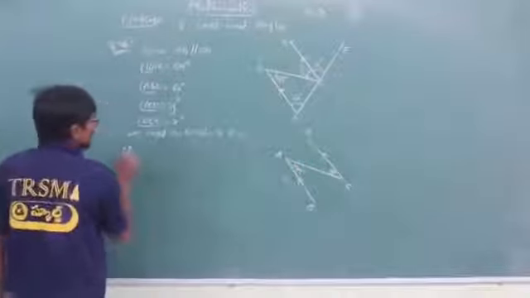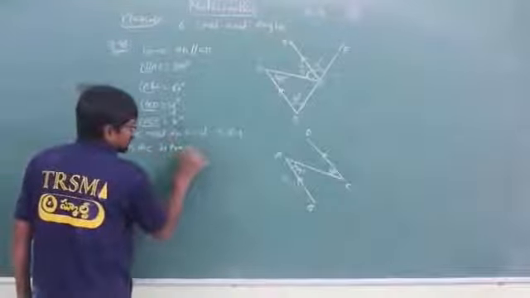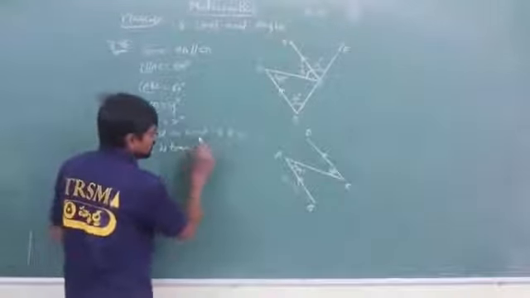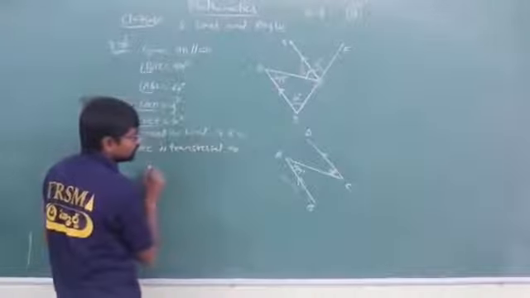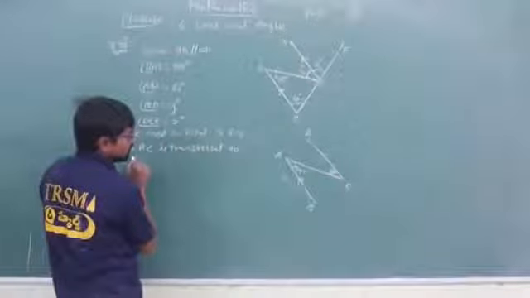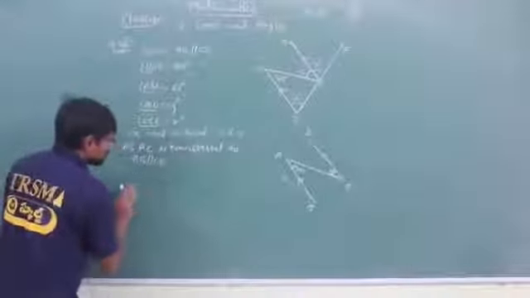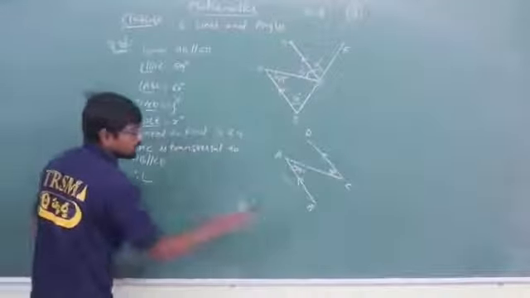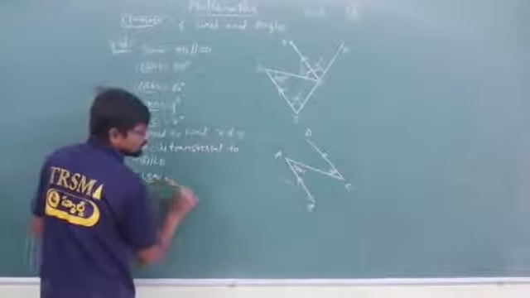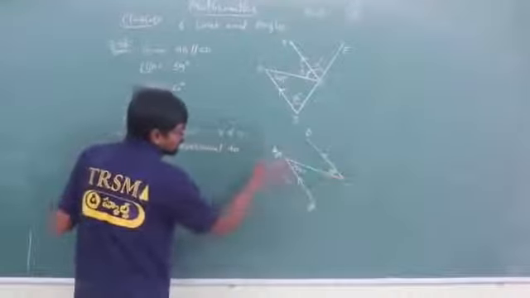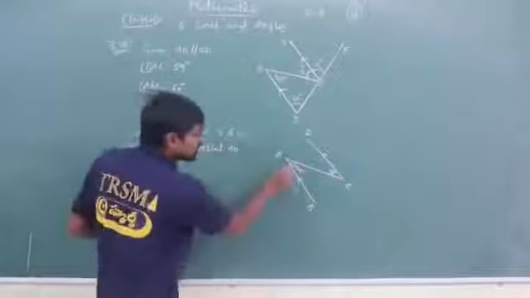So as AC is transversal to AB parallel to CD, angle BAC is equal to angle DCA, or ACD. These both angles are equal.